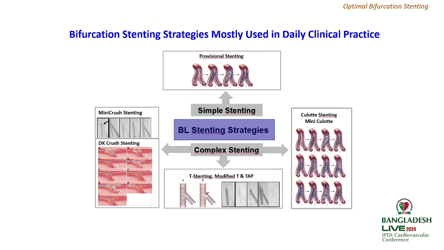That means simple stenting, provisional stenting, which is used in almost 80% of what we are doing every day in our cath labs, and complex stenting, including at least three families, the T family with T stenting modified, TAP, and so on, culotte stenting, mini culotte, DK culotte, and crush family, which is mainly today mini crush or DK crush.